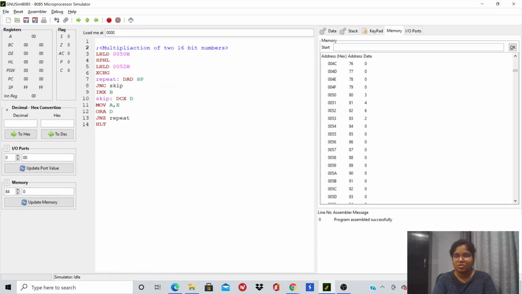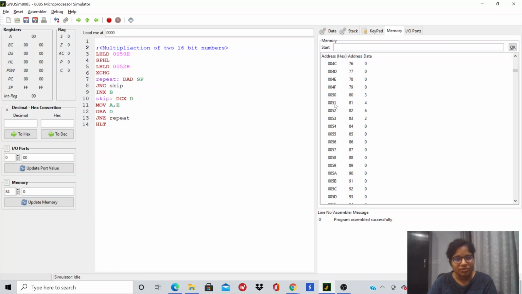This is the GNU simulator for 8085, and I'll show you that I have already loaded the numbers that we are using in the memory. See on the right side, these are some of the memory locations that the simulator displays for our use.